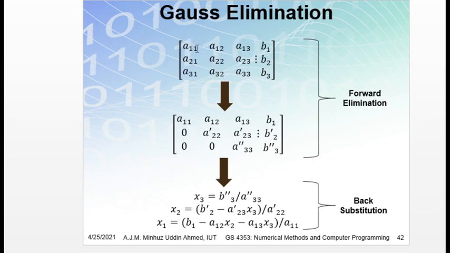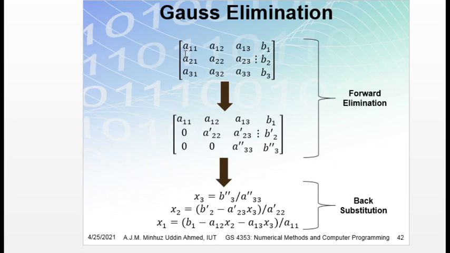If a11 becomes 0, it is possible that the coefficient of any variable is 0. If the first equation's first variable's coefficient becomes 0, what will happen? You cannot go further, you cannot move one step after this. The Gauss elimination will be totally collapsed, just because you cannot use this one, the a11.